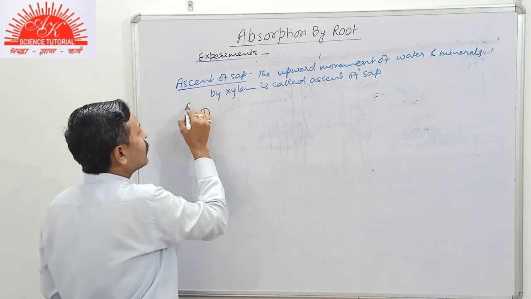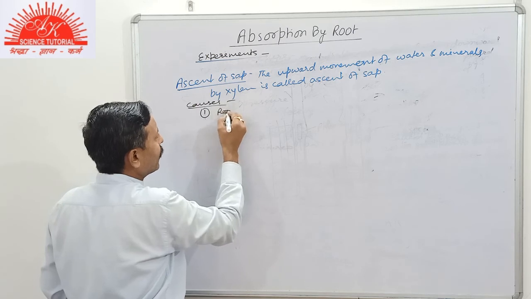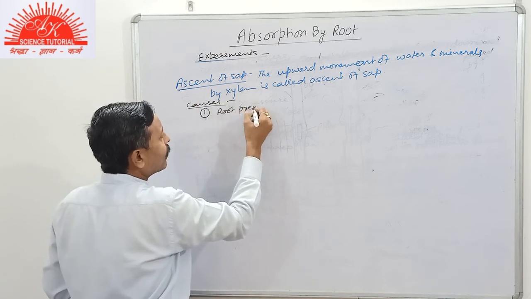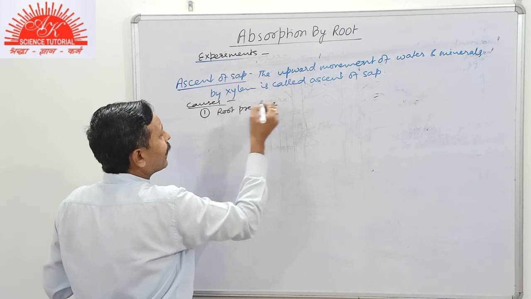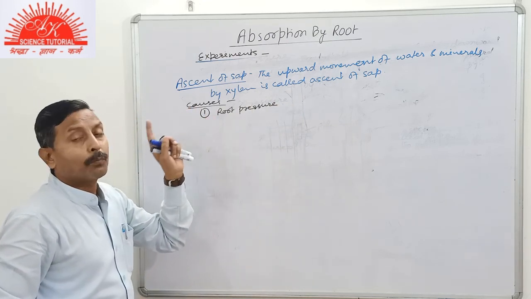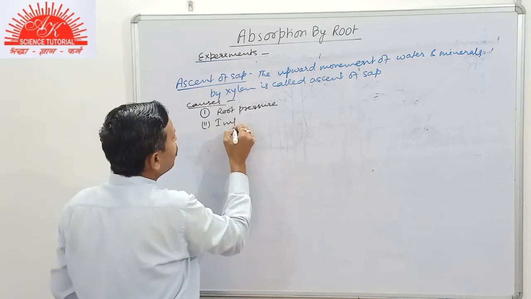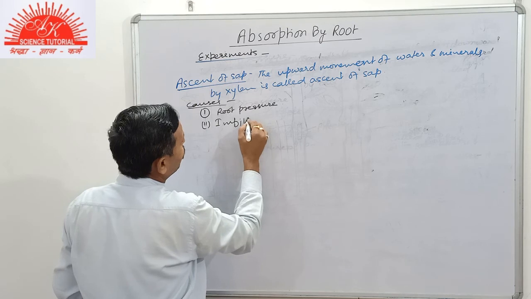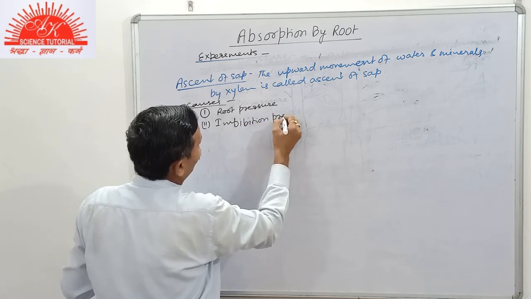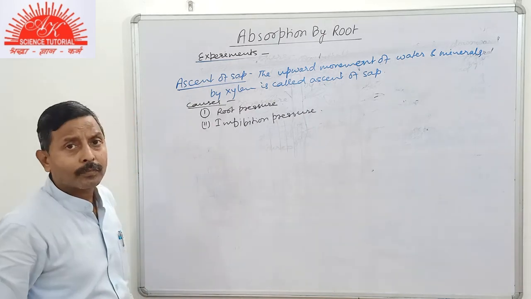Now, the causes or factors responsible are: first, root pressure. We have studied that root pressure is a small pressure which helps the water to move in small plants. Second, imbibition pressure. It also helps movement up to a little extent.